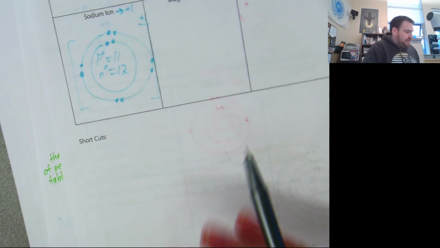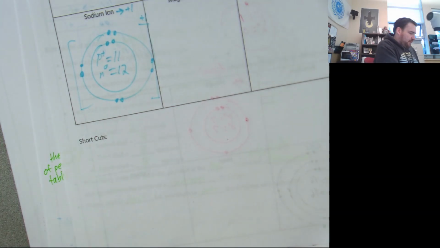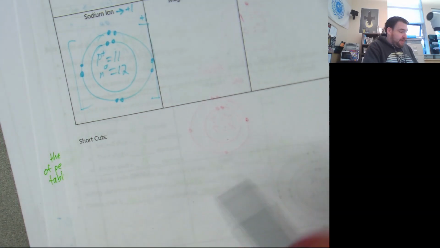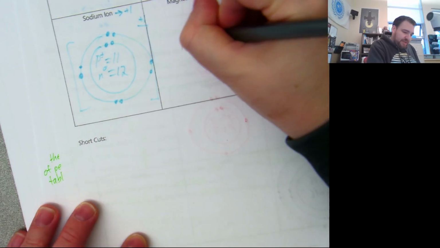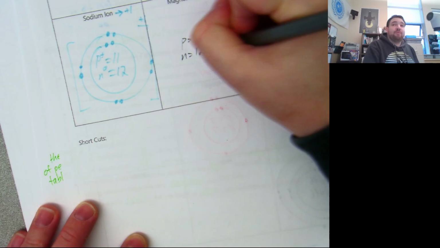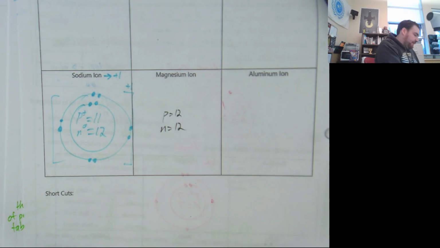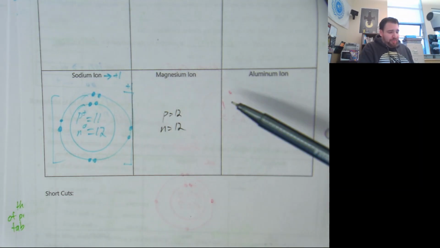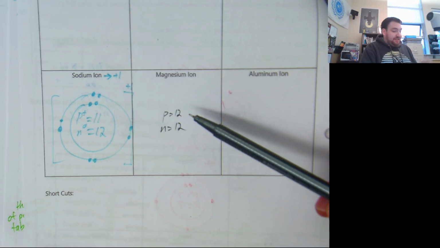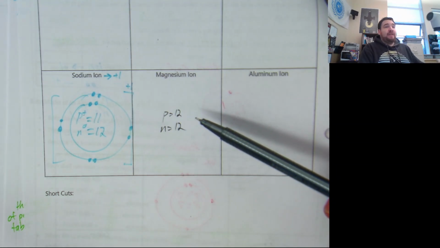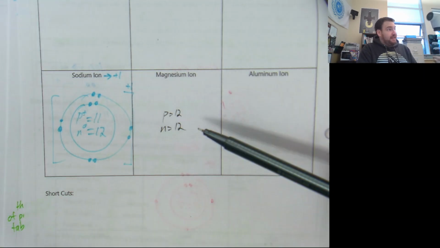And I can show you what the shortcut would look like on something like, let's do magnesium. Magnesium is P equals 12, N equals 12. And then rather than doing magnesium the way we were doing it on Tuesday, the shortcut would look like this. Magnesium is in row 3, but the ion is positive. So rather than having 3 shells, it's going to lose that outside shell.